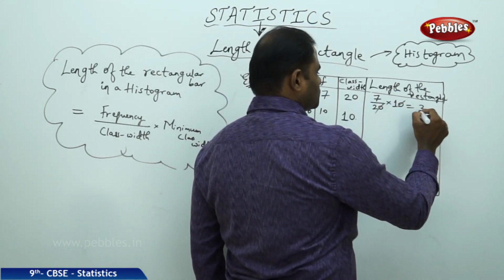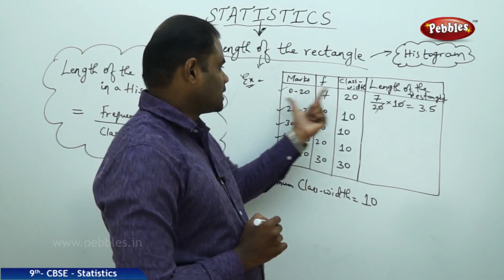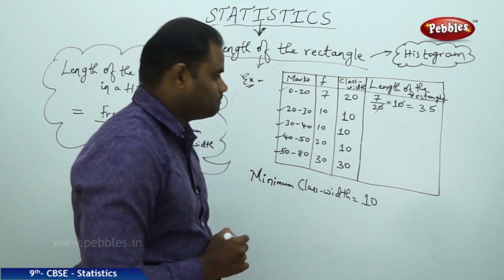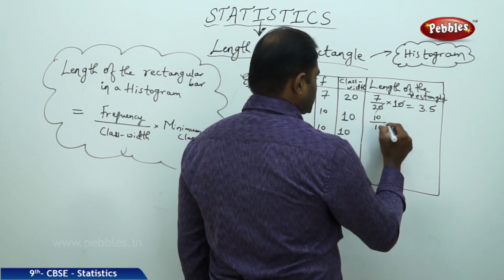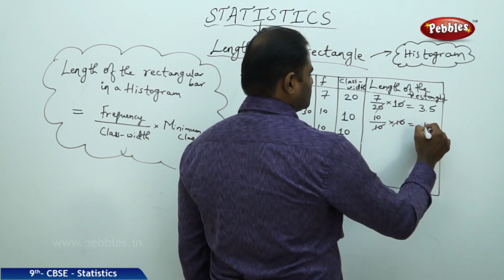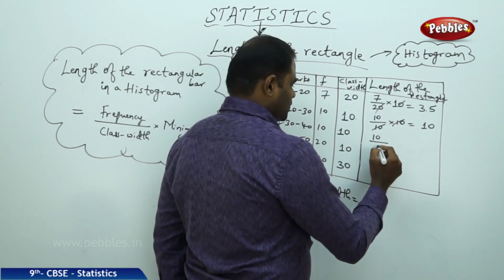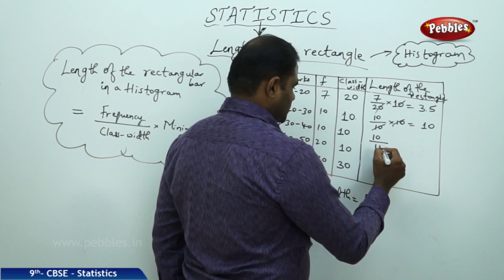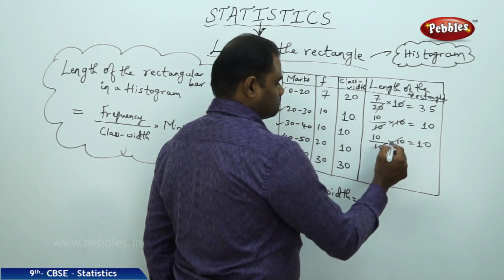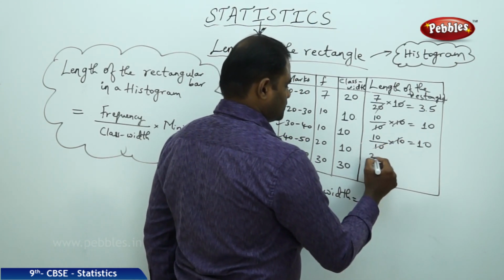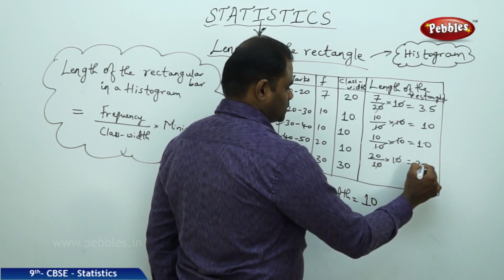Proceeding here, 7 by 2 is 3.5. So the length of the rectangle for the first class interval is 3.5. Similarly, for the second, frequency by class width into minimum class width is 10. Thirdly, it is 10. And here the frequency is 20.